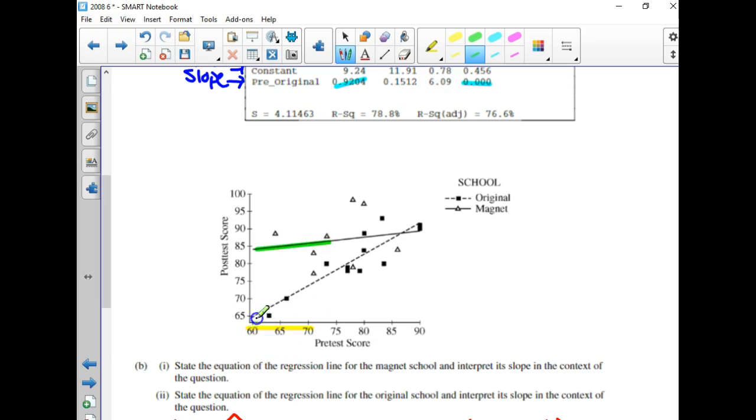But the original schools, they increased at a faster rate, okay? But overall, the magnet school, they just did better. It didn't really matter what their pretest score is. They all had really high scores. In fact, they had higher scores than the people who did pretty well on their pretest score, up until the very highest at around 85.